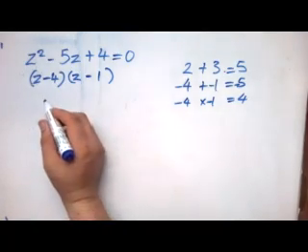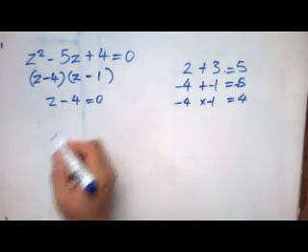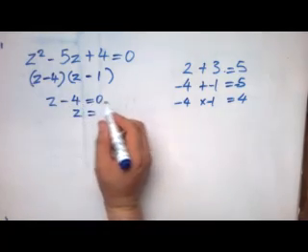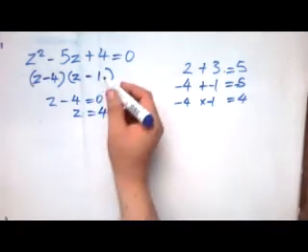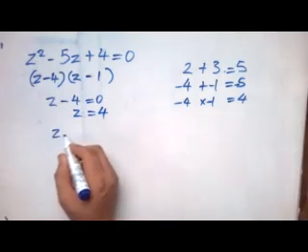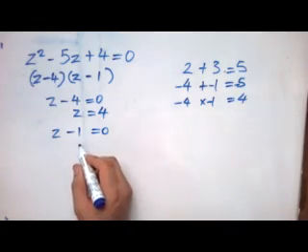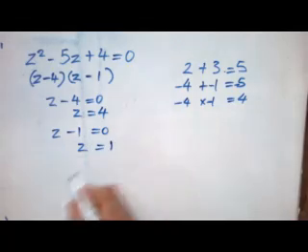So you have z minus 4 equal to 0, so z alone will equal, when minus 4 crosses the equality sign, it becomes 4. Another one, you take the second bracket, z minus 1 equal to 0. Z alone, minus 1 will cross the equality sign to become 1.